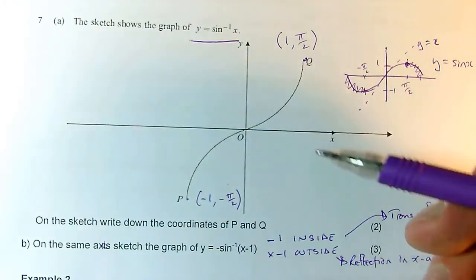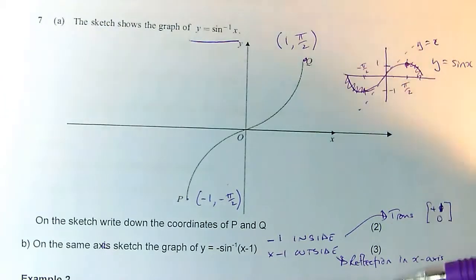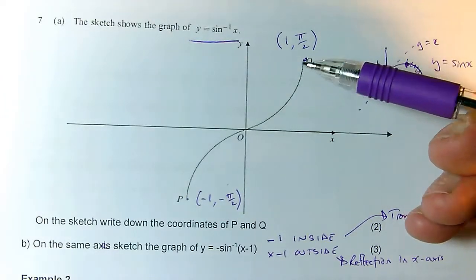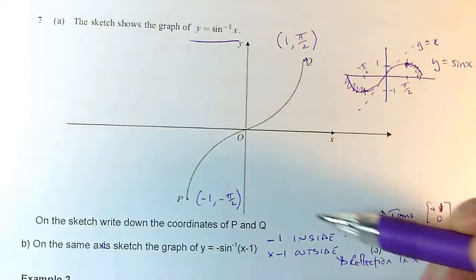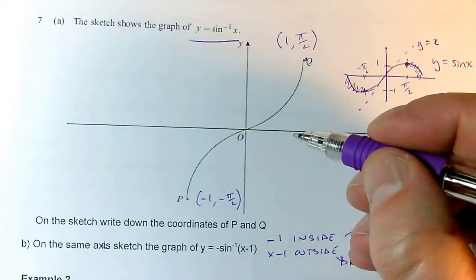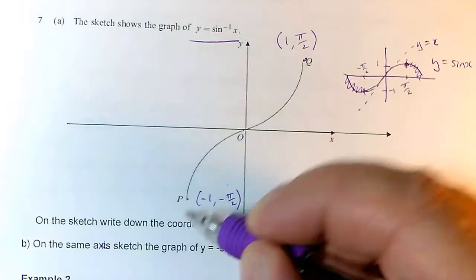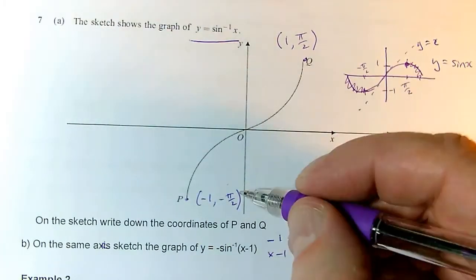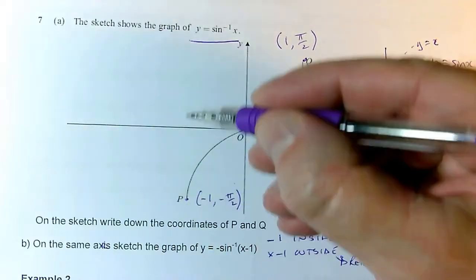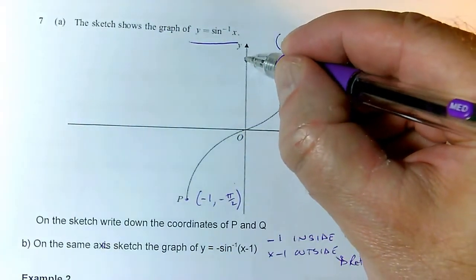So I'll do it the normal way, the vertical reflection first. That would turn it upside down, so it would be coming like this. But then I've got to shift it 1 unit this way. This is actually exactly 1 away horizontally from the y-axis. So P will have been reflected up here, and then it will go onto there.